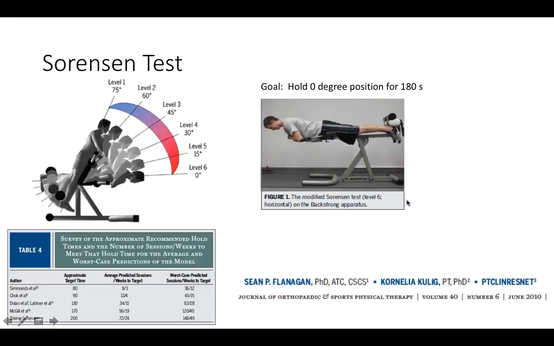And essentially what they were finding is that 1 or 2 minutes in this position, able to isometrically hold, was protective for low back pain non-recurrence. And so this is a good goal to hold for your lumbar patients who likely were suffering from some kind of weakness, and might be a good test for people who can tolerate it.